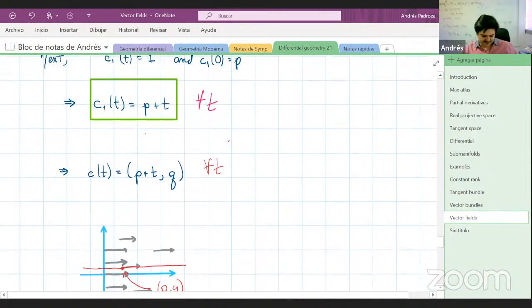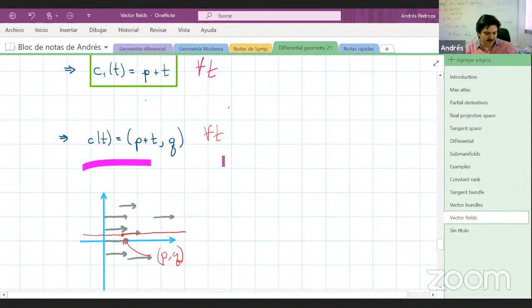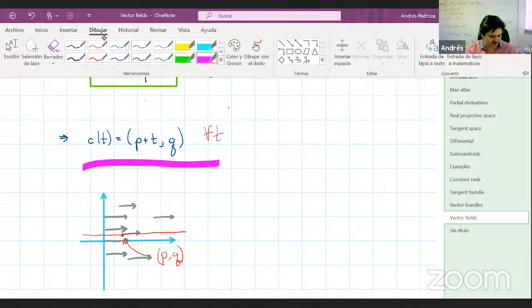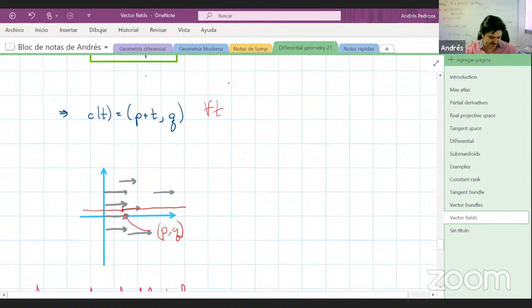So this is going to be the unique integral curve that at time t equals 0 equals p comma t. So again, we have to be careful of what we mean by a unique integral curve. So that's something also that is very useful.